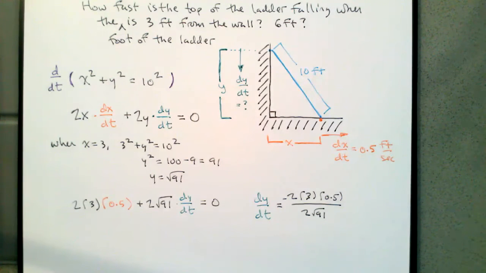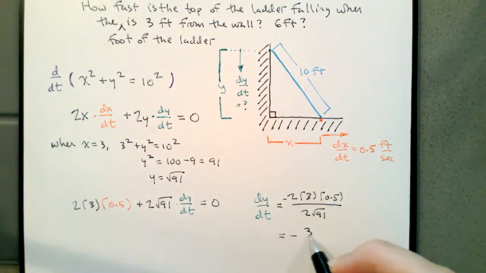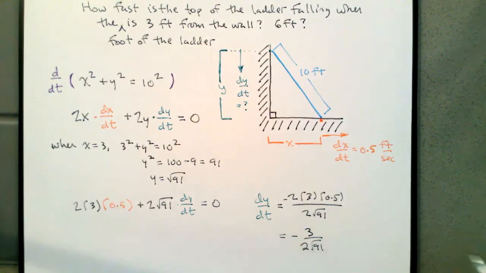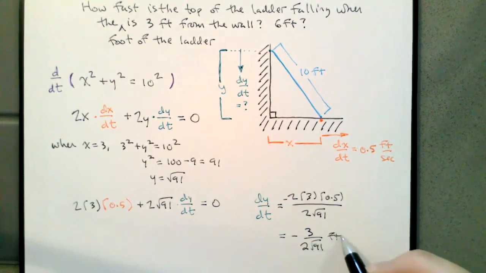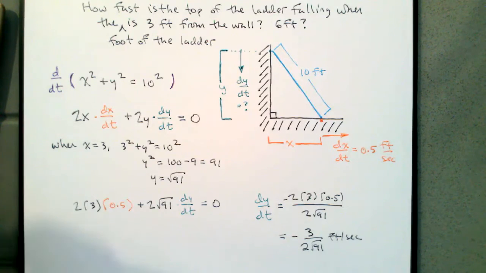So we get negative 3 over 2 square roots of 91, feet per second. So that looks like a negative 0.157.